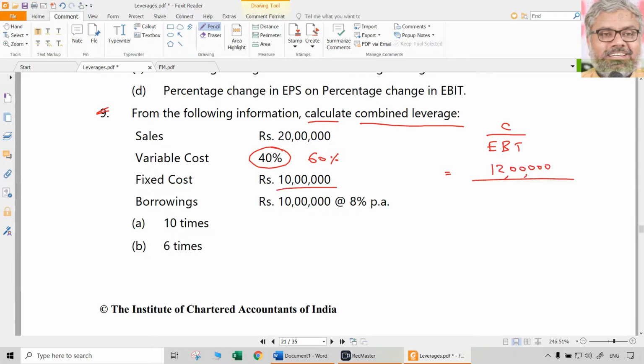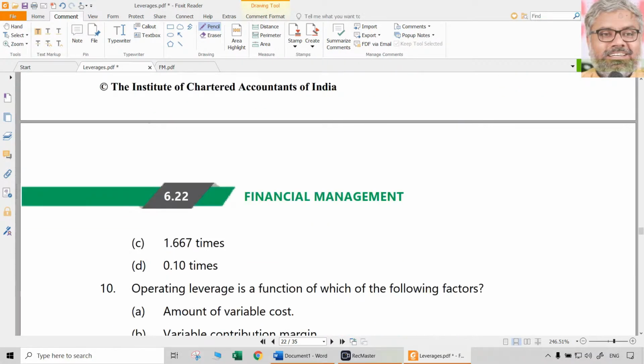From that, if you deduct fixed cost, you will get EBIT, that will be 2 lakhs EBIT, but that is not what we want. From that, you have to deduct interest also. Interest is how much? 10 lakhs 8% means 80,000. So what is EBT? 1 lakh 20,000. So 12 lakhs divided by 1 lakh 20,000, that will be 10 times. So correct answer is A. That is ninth question.